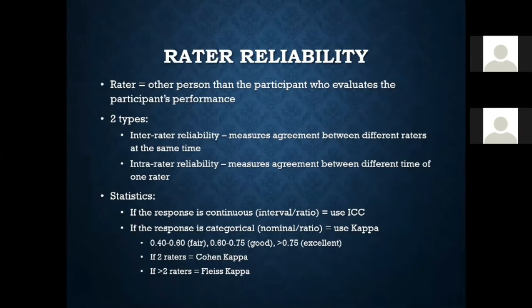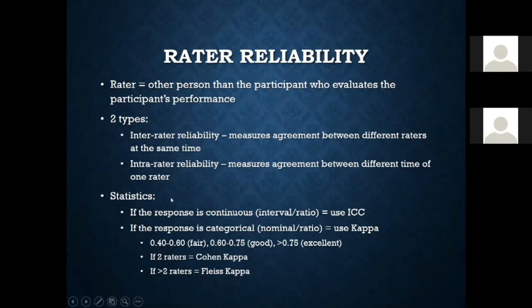Another one is intra-rater reliability: one same rater but at different times. It is just like test-retest reliability. But for test-retest reliability, we usually refer to a self-rated questionnaire, meaning that participants rate themselves. Intra-rater reliability is about measuring agreement between different times of one rater.